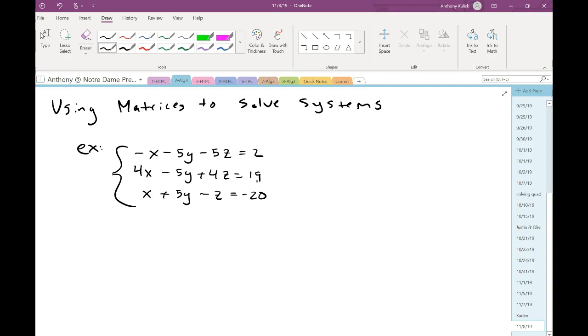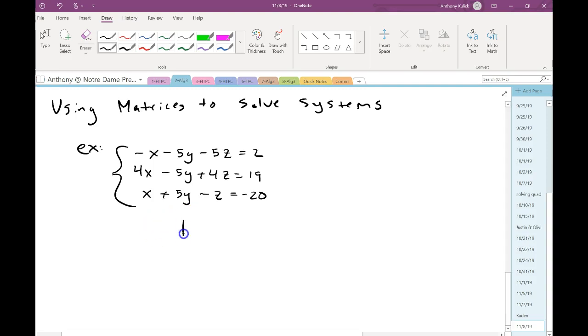What I want to do right now is, I have 3 equations with 3 variables, and I want to translate this into a single matrix equation with a single matrix variable. So how do I do that?